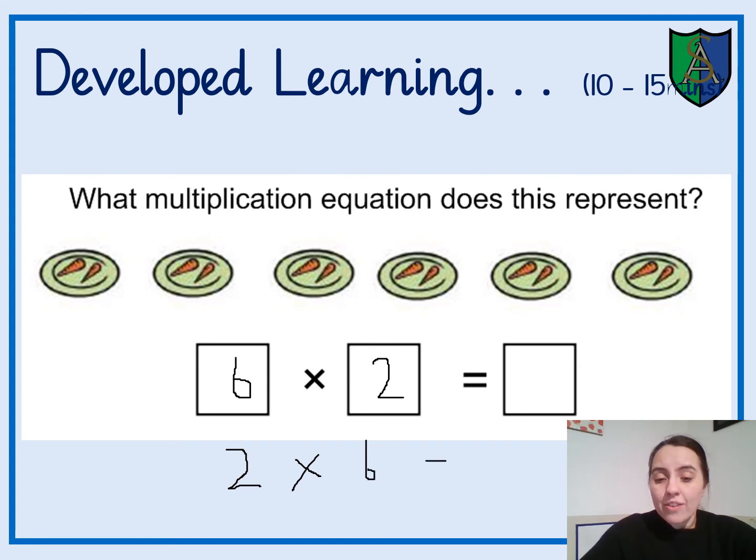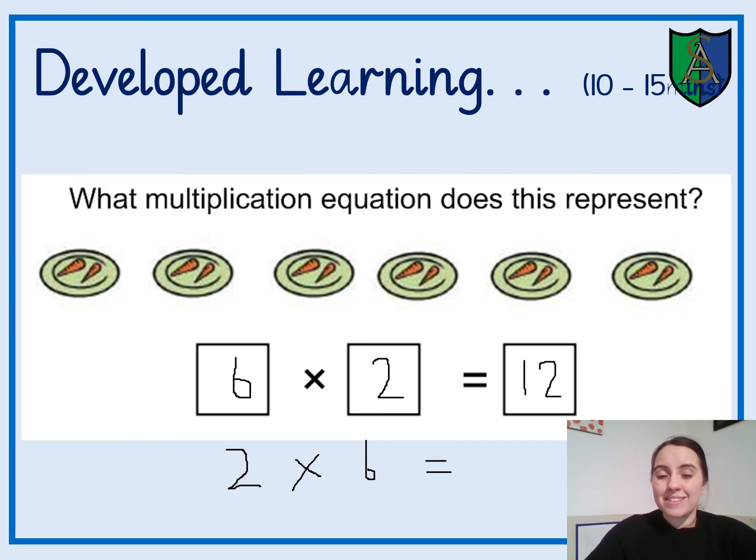So I can work that out really easily. I'm going to count in my 2 times tables because I find that easier and that will help me to find my answer. Count along with me. 2, 4, 6, 8, 10, 12. Brilliant. 6 times 2 is equal to 12.